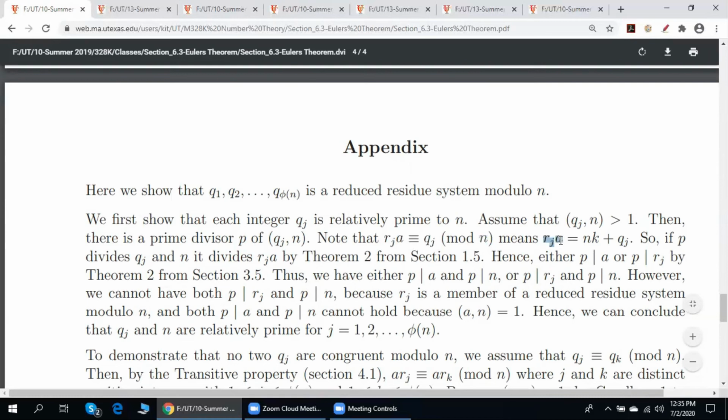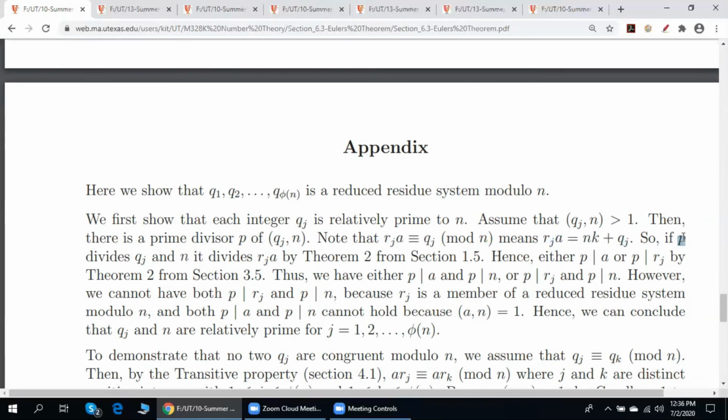Therefore, Rja is nk plus Qj. But now, as we discussed, P divides this and this. Since P divides both Qj and n, P divides the whole right-hand side. Conclusion, P divides the left-hand side. It's exactly what is written here.